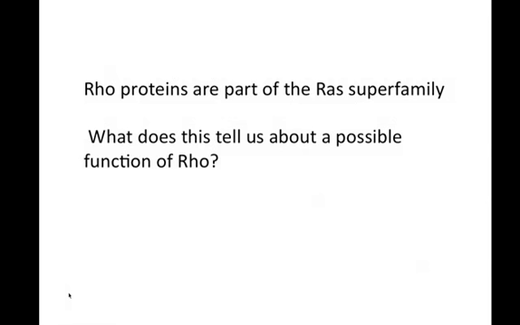In this case it is, but not all molecular switches do, but RAS does. It uses GTP, so it's turned on or off based on its GTP binding state. Is it probably regulated by a GAP and a GEF?